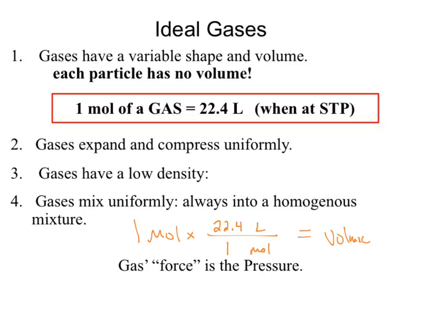Is that a perfect approximation? No, but it gets us pretty darn close. We don't see a density effect when we look at the ideal situation. In a real situation, yes, we have to worry about density effects. And then the last thing, gases exert a force, and that force is pressure.